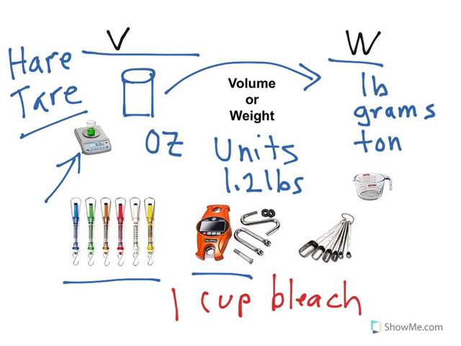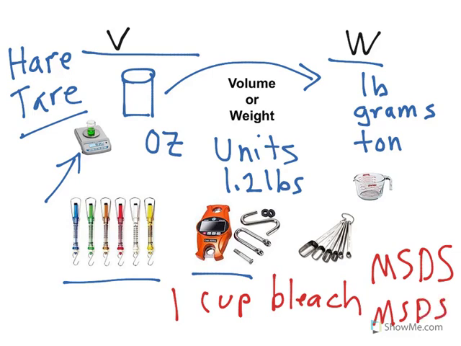Now, this is not a first aid class, but one of the things that you can do, if you spilled 1 cup of bleach, you can look up what that chemical is in something, this is very important, in an MSDS sheet. Material Safety Data Sheet.